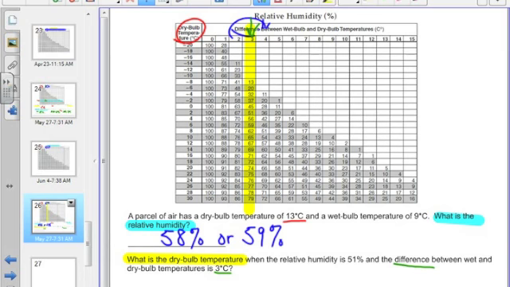They're telling us the relative humidity is 51. As I check that column, here it is. Here's my relative humidity of 51. It is in the row for dry bulb temperature of 2 degrees Celsius. So what is your dry bulb temperature? 2 degrees Celsius. You hunt down the information you have, and you'll be able to supply what you need. It's really that straightforward. Good luck with it.